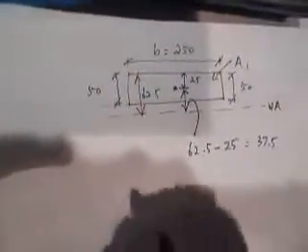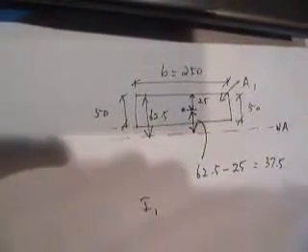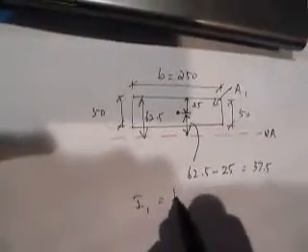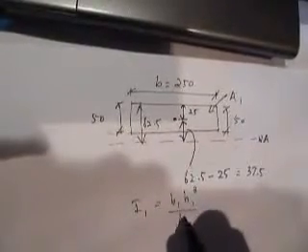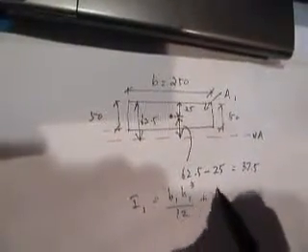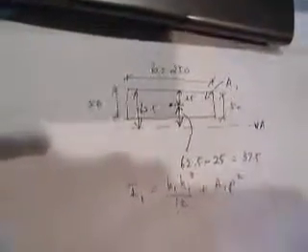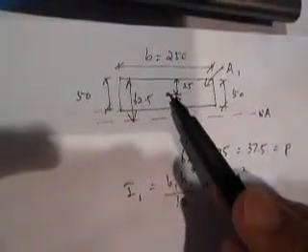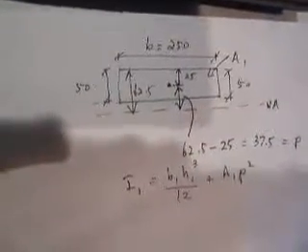Alright, so if we use the general formula for moment of inertia, I1, which is the moment of inertia of this top rectangle, equals B1 H1 cubed divided by 12 plus A1 P squared, and this P is the distance of the center of the section to the neutral axis or the axis of rotation.